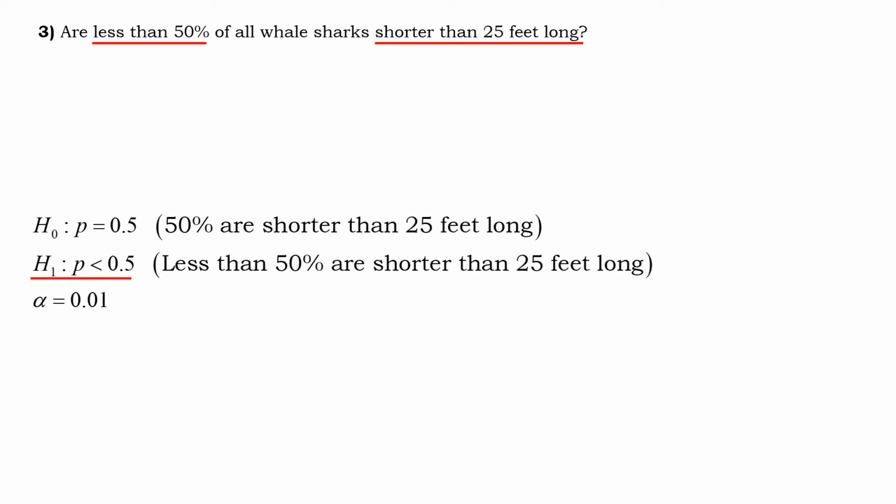So we want to know if the proportion of sharks that are shorter than 25 feet, again, whale sharks, is less than 0.5. Okay? We will assume that the proportion is 0.5, that 50% are shorter than 25 feet long, that the percentage is no lower than 50% until we see the proof.